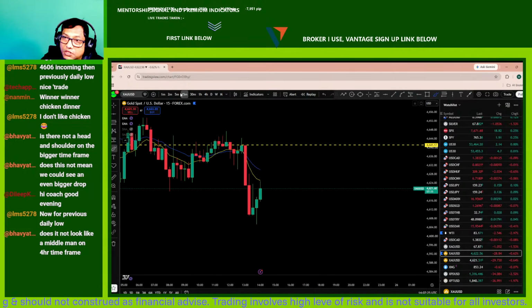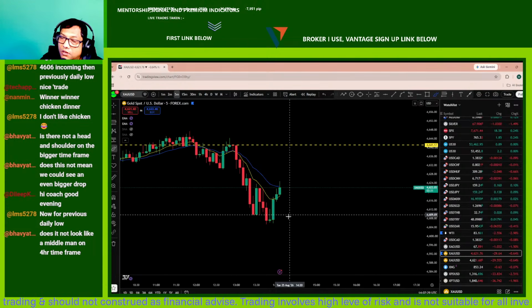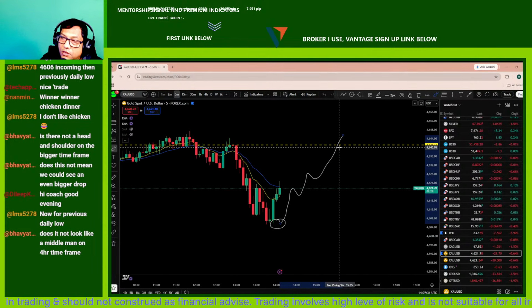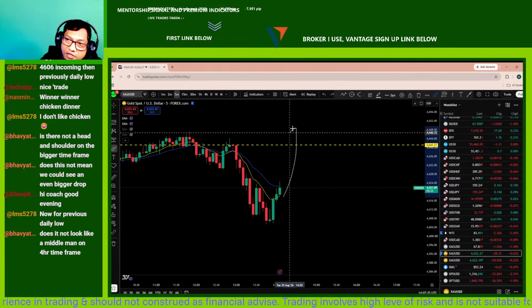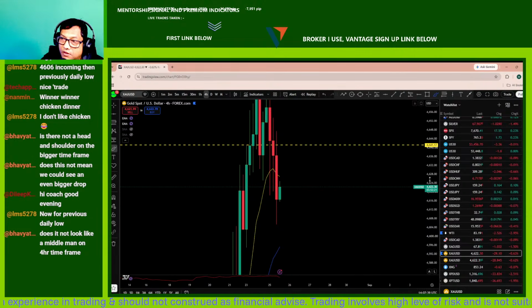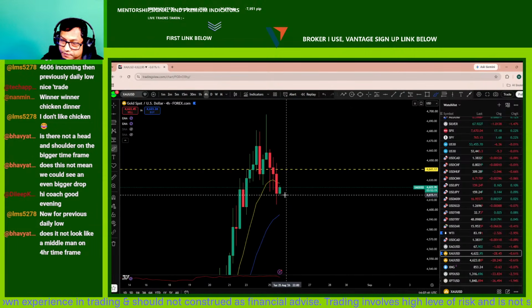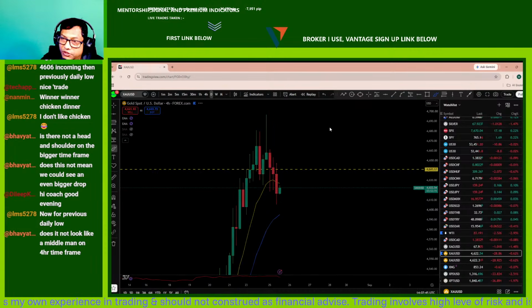At the moment we could see the price action bounce back, and if the market shows another confluence to the upside, we can look for going long to the daily resistance line here, which is at this level.